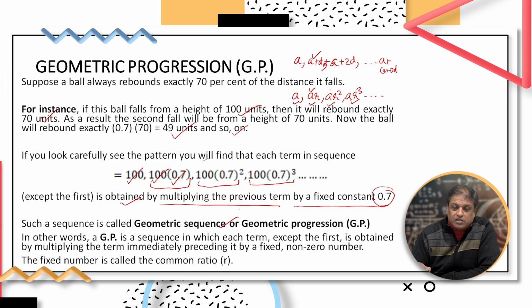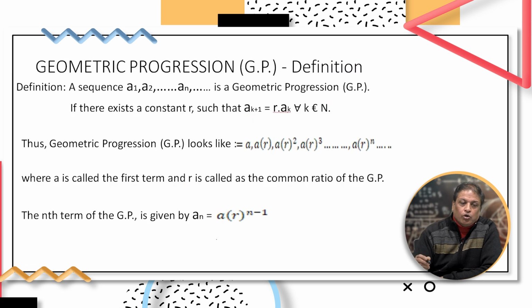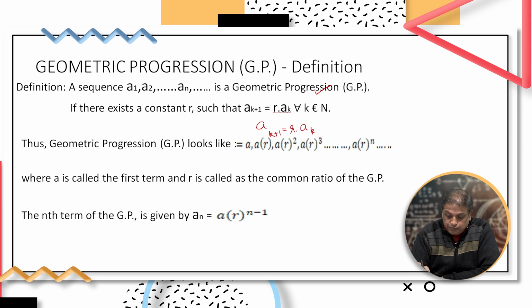The fixed number by which the terms are multiplied is known as the common ratio r. The formal definition of a geometric progression is that if a1, a2, a3 up to an are in geometric progression, then a(k+1) will be equal to r times a(k).